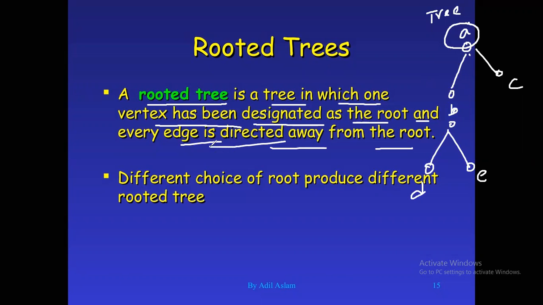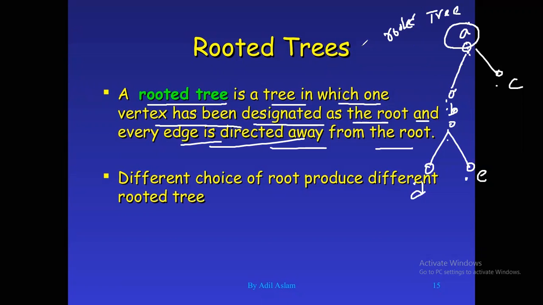The edges go outwards from A to B, B to D, next A to B, B to E, A to C. So the edges are directed away. They are going away. Therefore, this is called a rooted tree.